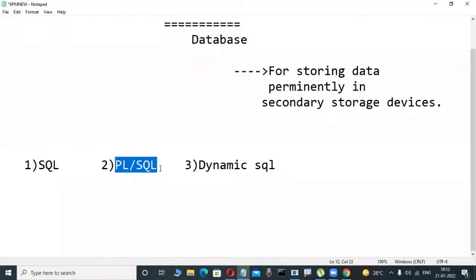Why is this language required? Really, so many jobs are available in PLSQL also. Why is this language required? Because of so many applications.